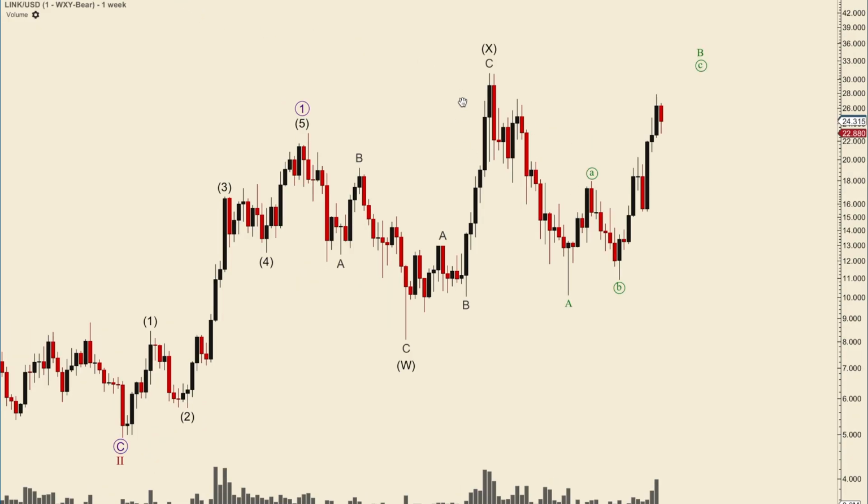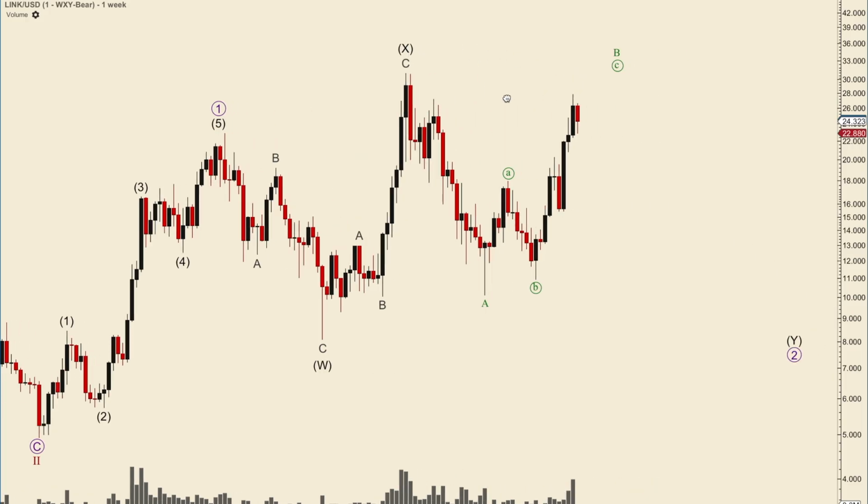But you can also argue that this is a WX, and then wave Y needs to be, since this is a zigzag, wave Y can't be a zigzag with a sideways correction. So wave Y needs to be a flat or a triangle.